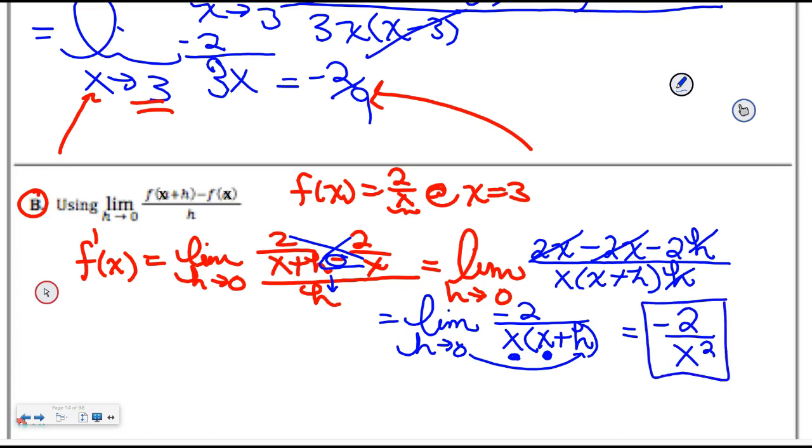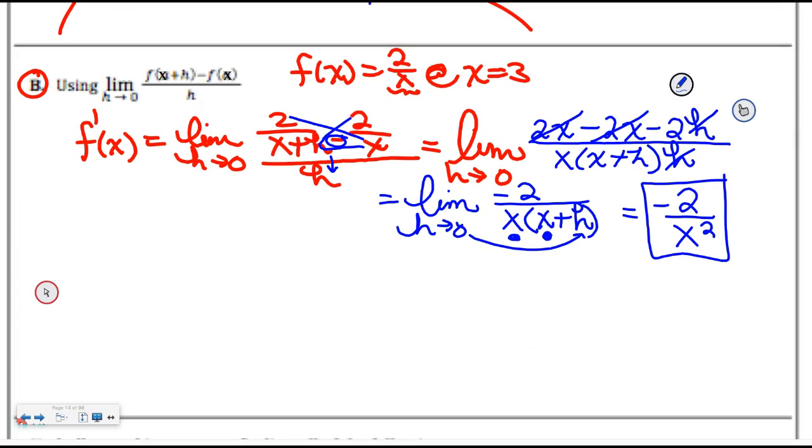This right here is a function of x. It gives me the derivative anywhere along the function. And remember, the function actually is the parent function with a stretch of 2 for our hyperbola parent. So I'm actually looking for the slope of the tangent line at 3. I already figured out in part A and on the calculator in class that that was -2/9, which looks about right from this graph.